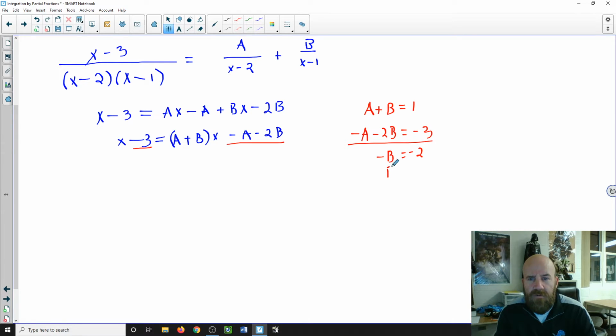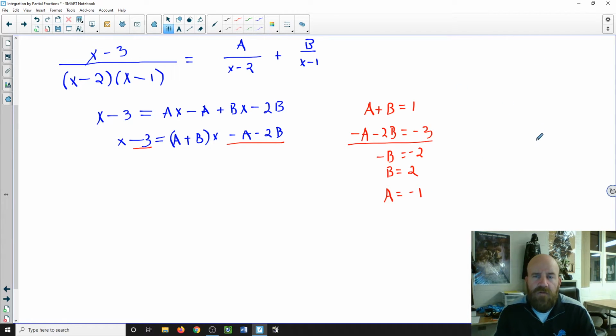So b would equal positive 2. We have our variable value, so we can go ahead and plug it into one of these two equations. I think the top one is going to be the easiest. So we have a plus 2 equals 1. So a is going to have to be a negative 1.